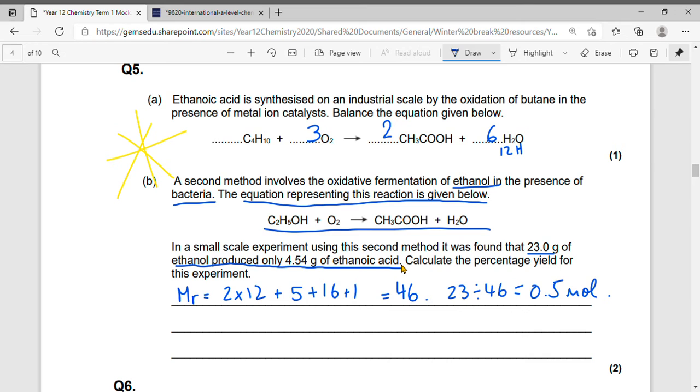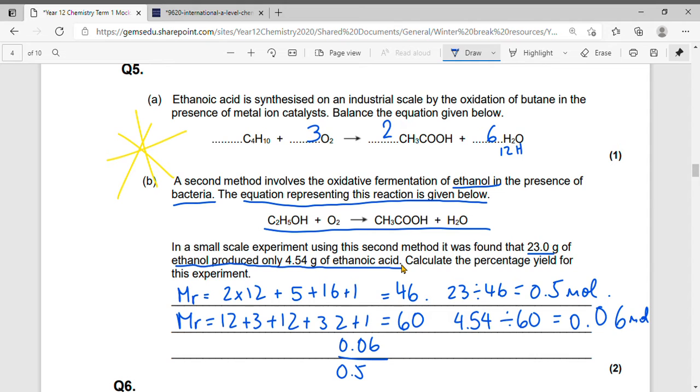And ethanoic acid. So MR of that is 12 plus 3 plus 12 plus 32 plus 1. What is 3 plus 32 plus 1? Is 60. And so 4.54 divided by 60, 0.06 mole. 0.6 over 0.5 times 100.